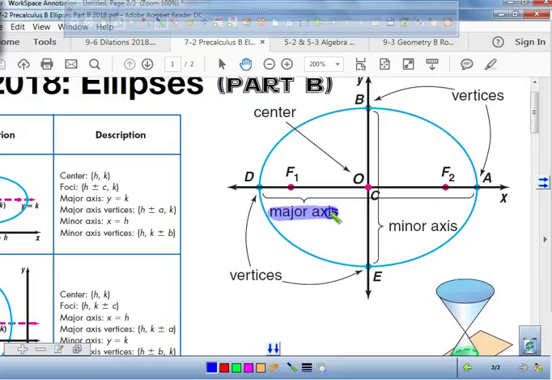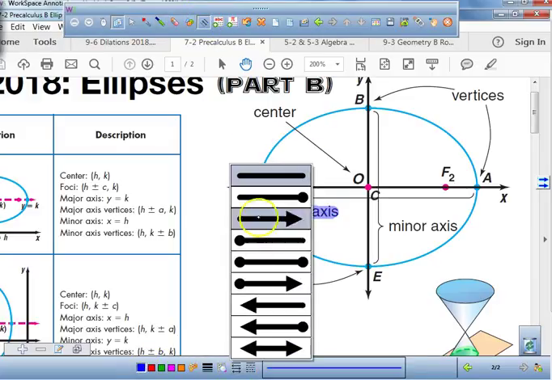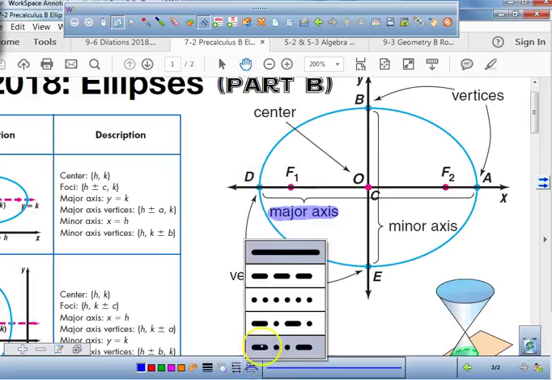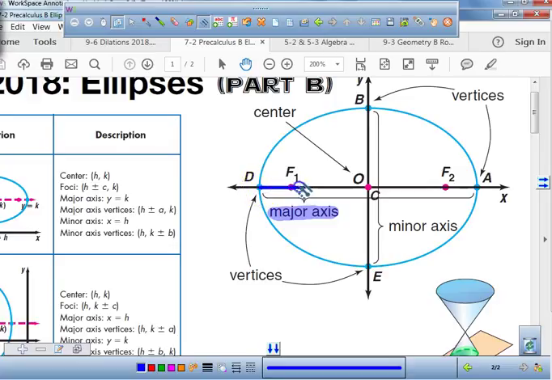So we have what's called the major axis. The major axis is the longest of the two axes. Right here, this is the major axis, going all the way across. The minor axis is the smaller of the two.